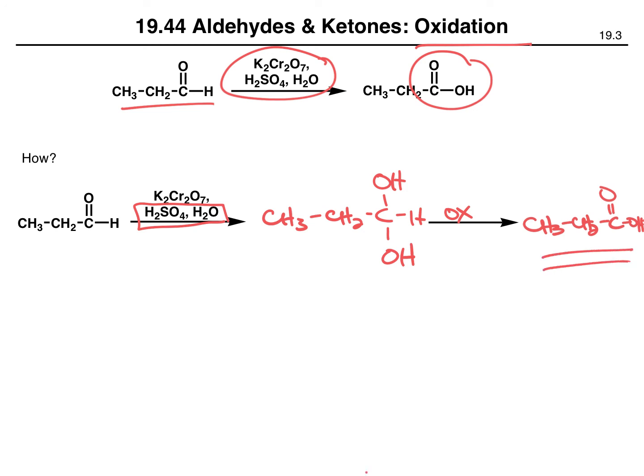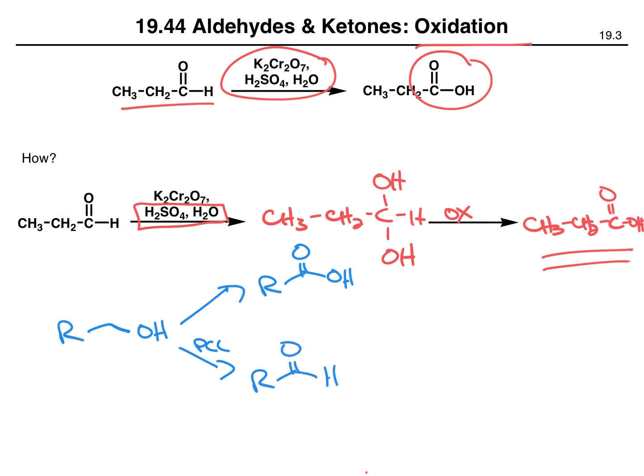So remember a couple chapters ago when we talked about a primary alcohol, and it can be treated with chromic acid to give the carboxylic acid, or it can be treated with PCC or the Dess-Martin reagent to give the aldehyde. The difference is not really because of the reagent, but it's actually because of the solvent.